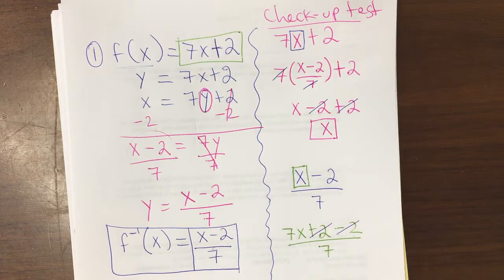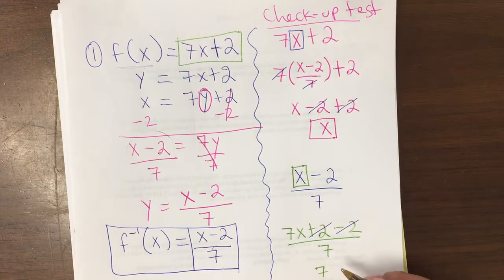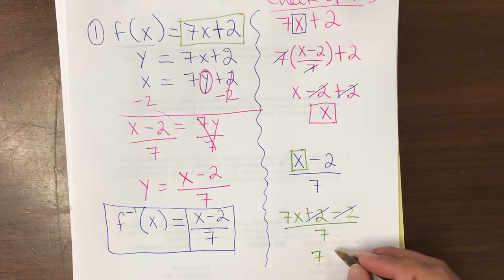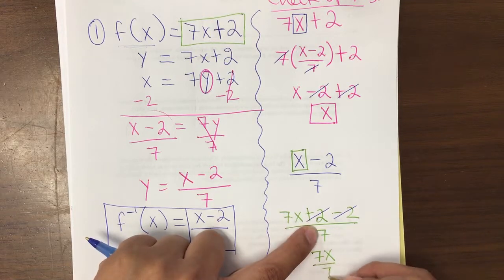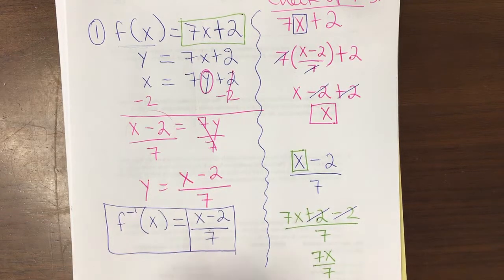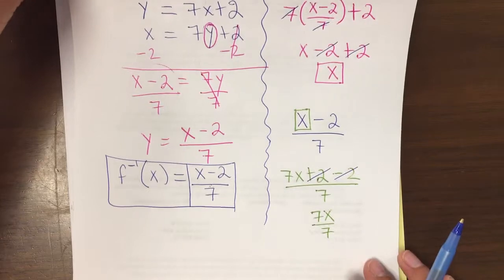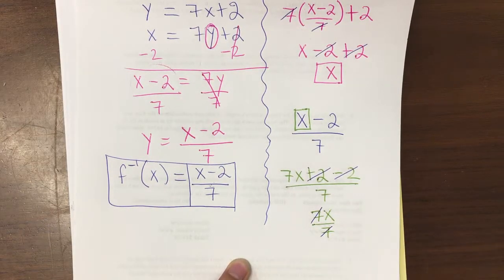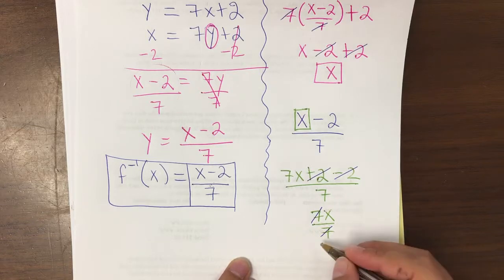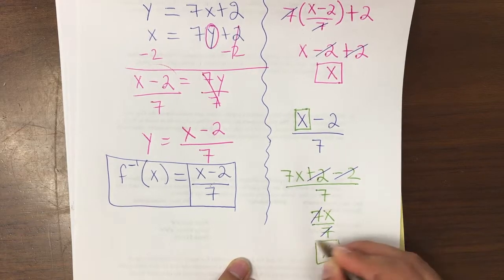They cancel each other, and so we end up with 7x over 7. These cancel each other because 7 divided by 7 is equal to 1, and so my answer will be x.